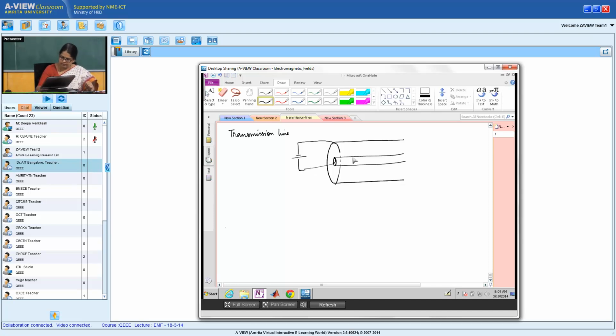All right. If I apply a potential, there could be charges accumulating on this conductor, positive charge here, negative charge on this conductor.